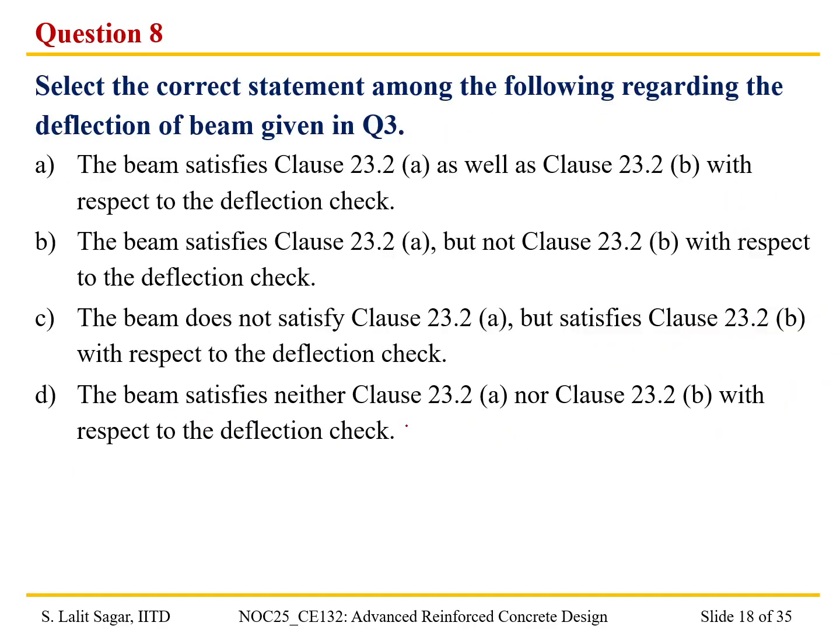Okay, so now we have calculated all the terms corresponding to the short term and the long term deflection. So now we need to see if the beam satisfies clause 23.2a and clause 23.2b. So what is the relation of the deflection with respect to these two clauses?